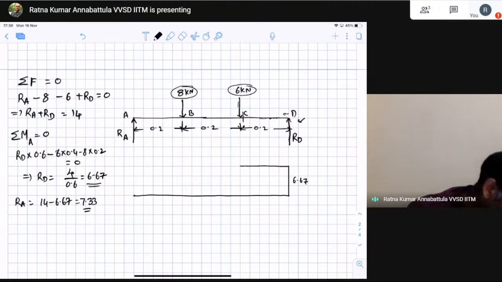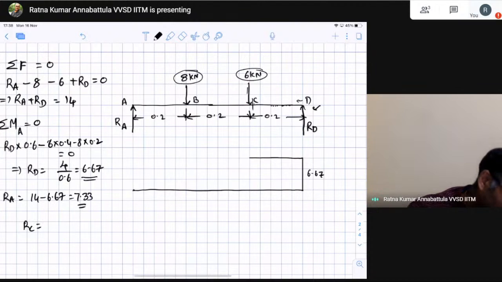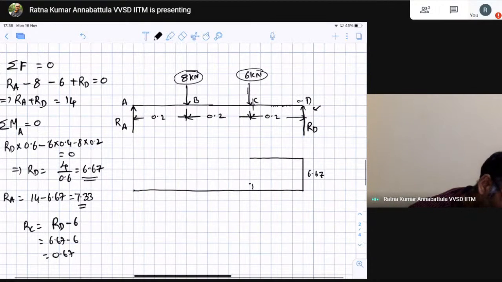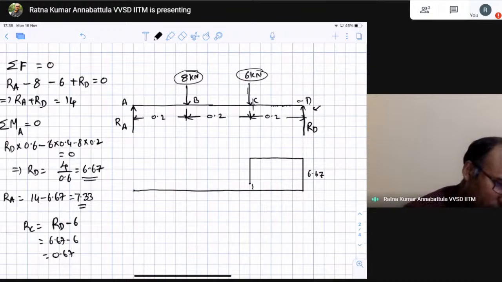So RC will be equal to RD minus 6, because RD is 6.67, minus 6, that is equal to 0.67. So let us say I am calling this 0.67, meaning you have to normally draw to scale. Okay, this is my 0.67. So that is my point C.